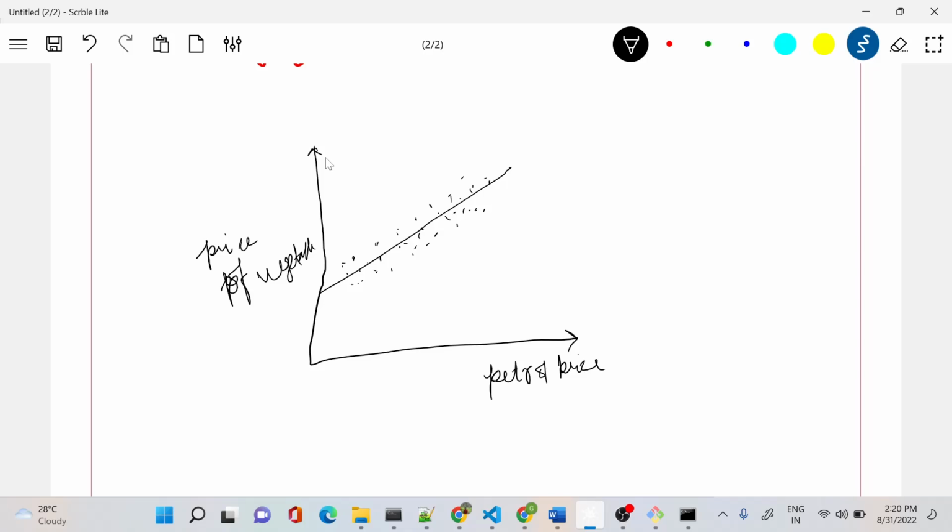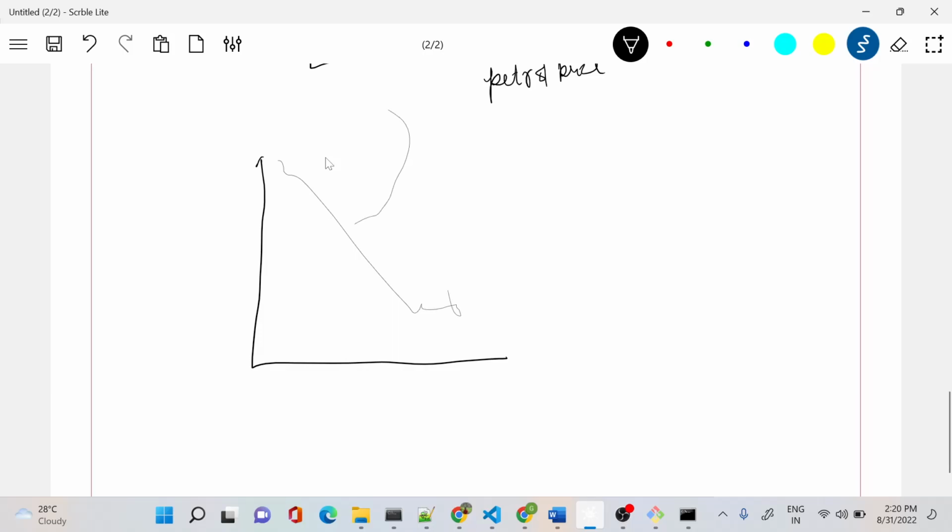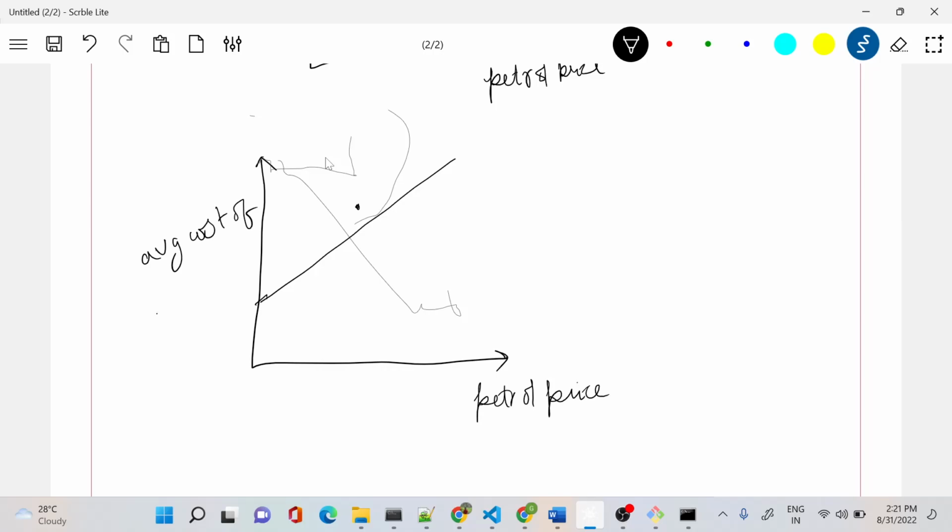Suppose we consider just one data point, because in this way it will be easier for you to understand. Suppose this is a line and we just have one data point. This is the petrol price and this is the average cost of vegetables per kg.